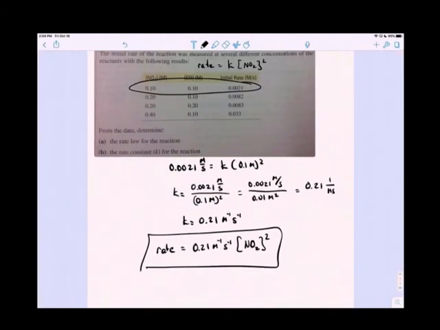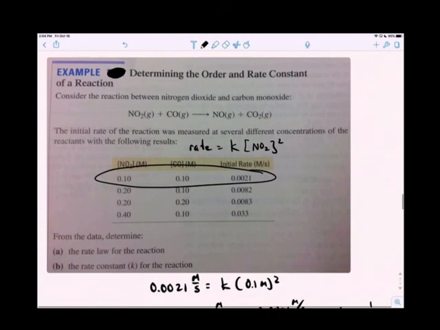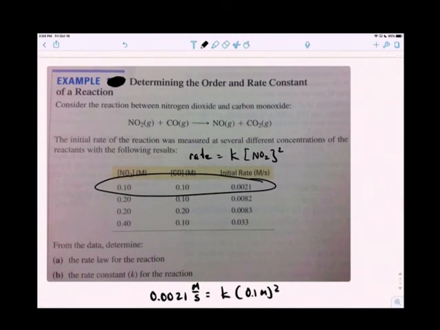Okay, so recap with this one. You can use inspection or mathematics. So when the concentration doubles here, the rate quadruples. This means that NO2 is second order. This doubles, and the rate stays the same. Therefore, it's zero order with carbon monoxide.